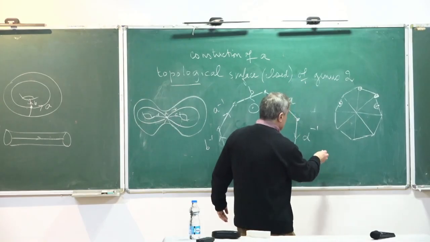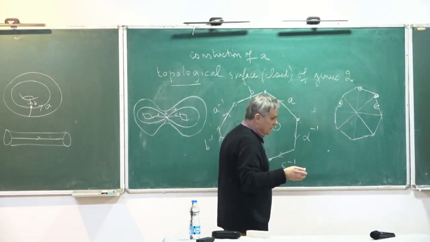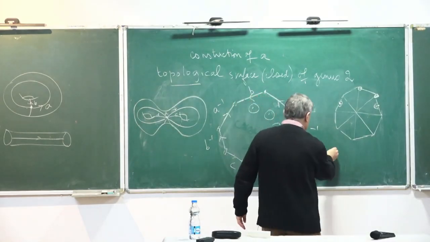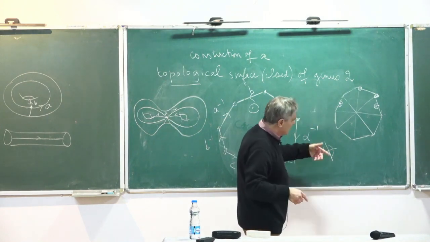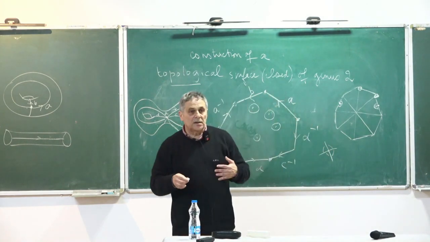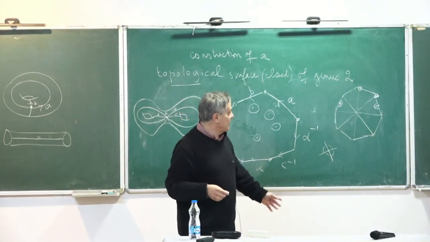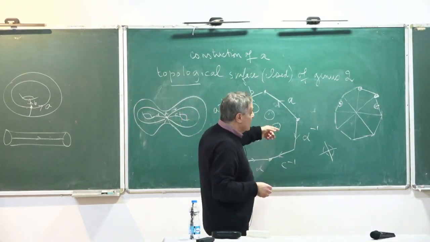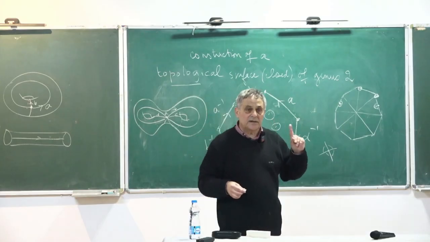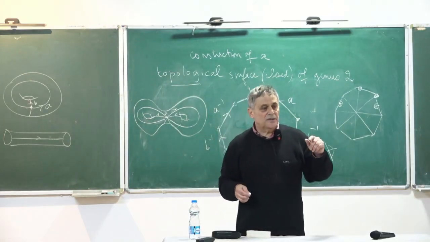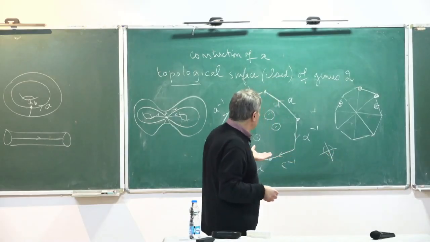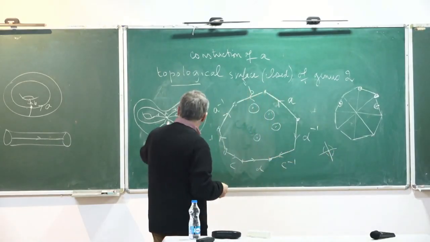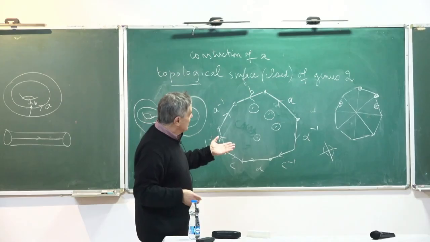In the previous case, which I erased, I had a point with 4 sectors, and the angles add to pi, so it's in the Euclidean plane. Here, I need the sum of the 8 vertices to be how much? Yeah, to be 2 pi. I need the sum of the 8 vertex angles to be 2 pi. Is it possible?